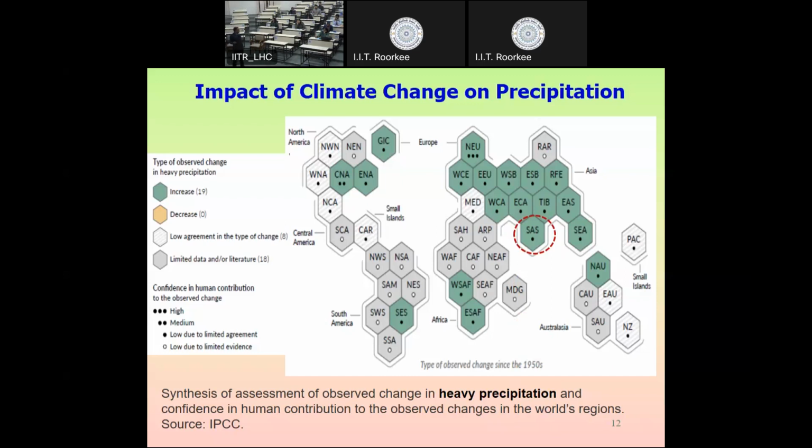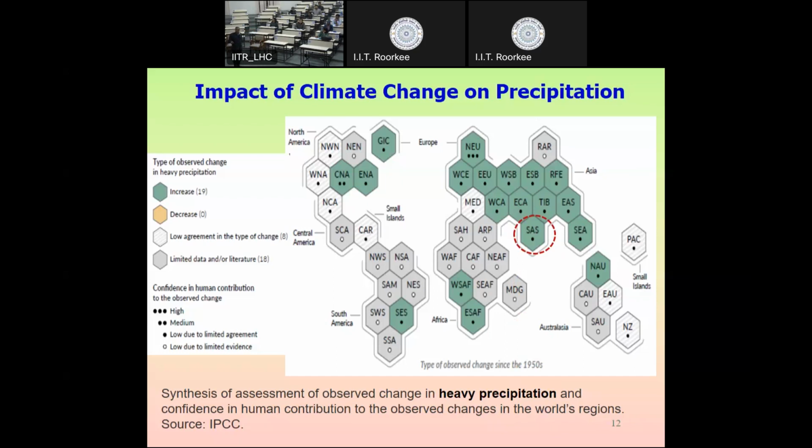Now, this type of assessment is made based on models which are called climate models. And there may be situations where all the models suggest similar type of change, and situations where some models say it is going to increase, some say it is not going to increase, and so on.